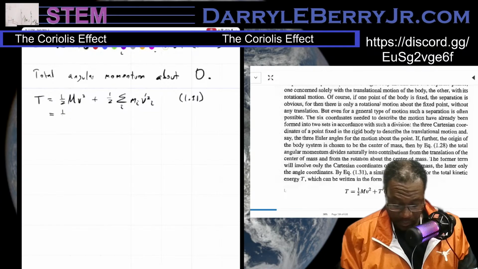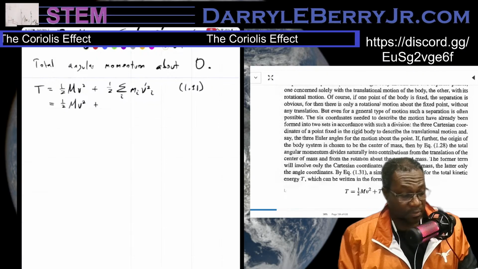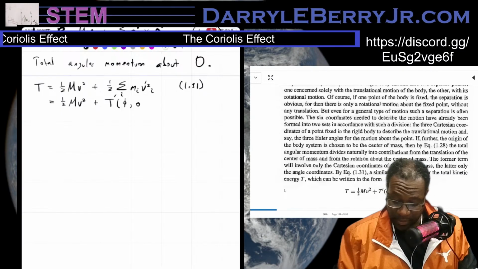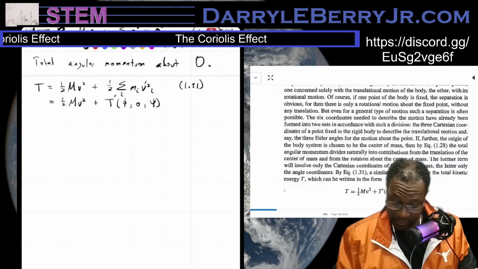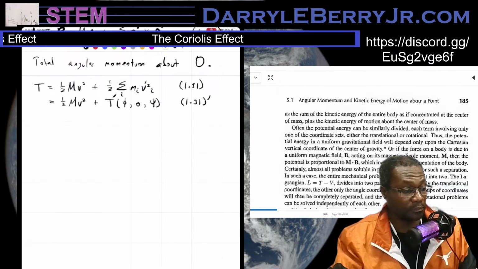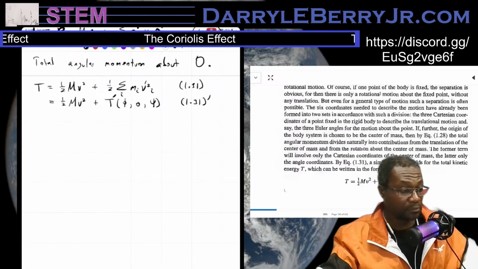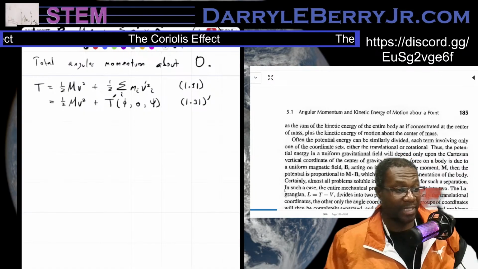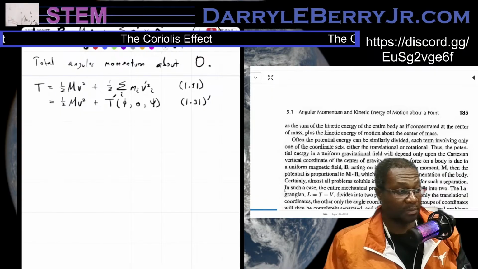T equals 1/2 m v squared plus T prime, as in 1.3, as the sum of the kinetic energy of the entire body as if concentrated at the center of mass, plus the kinetic energy of motion about the center of mass.